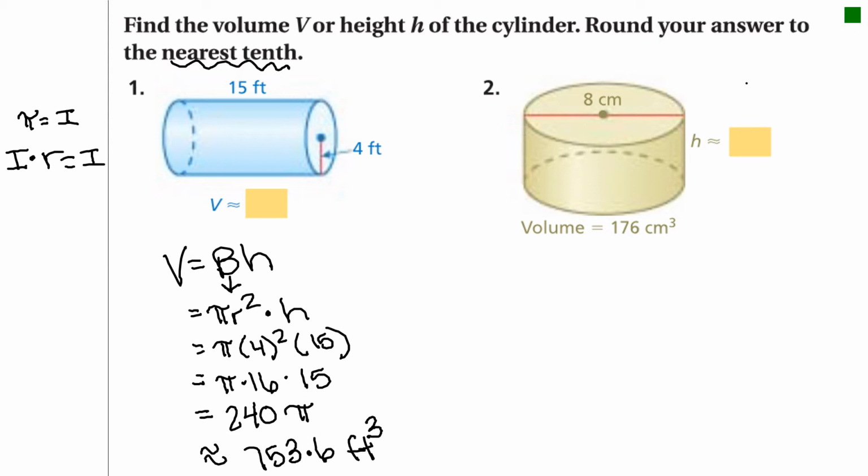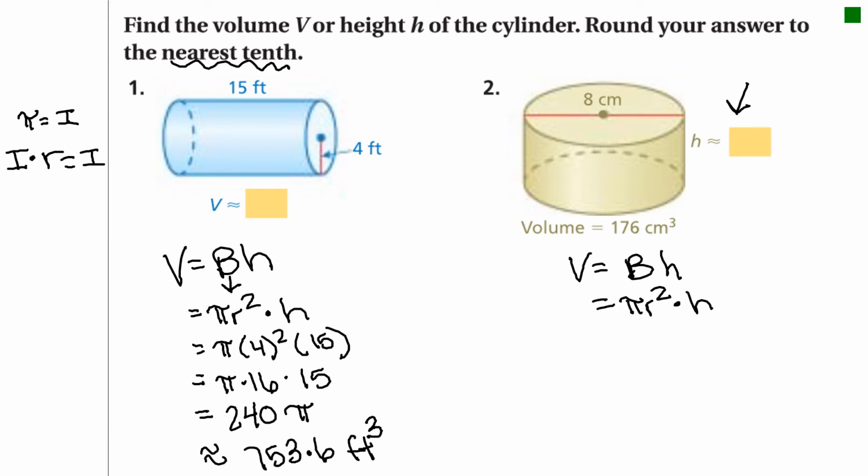Now let's go ahead and look into when we have to solve for a missing variable, such as the height. First, we're going to have to look at our formula. This is all we know about cylinders, is that volume is equal to the area of the base times the height. The area of the base is pi r squared, and we're going to multiply that by the height.